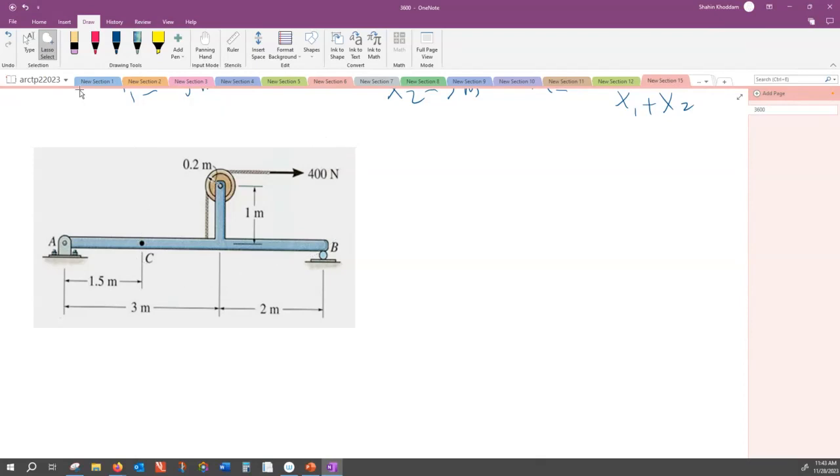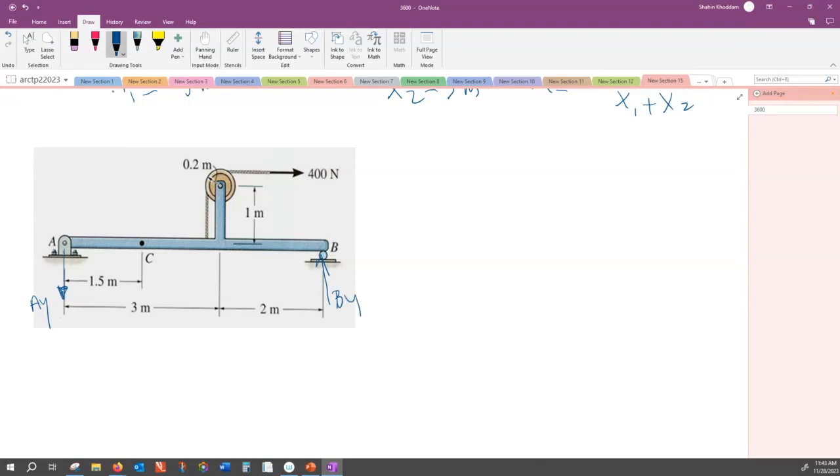Finding that reaction is not difficult. This is a preliminary step. I can visualize this would resist this way, but it won't hurt if you take it even upward. That should give you the same number. And this one is resisting upward.